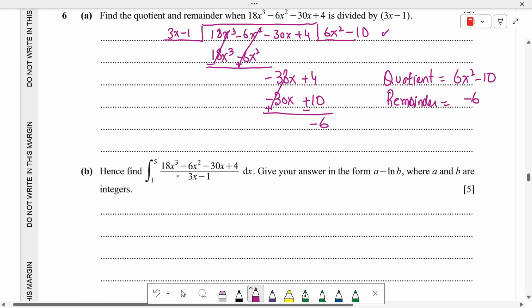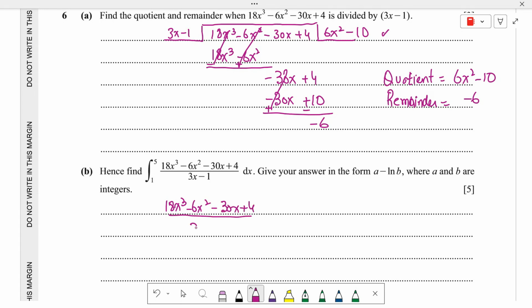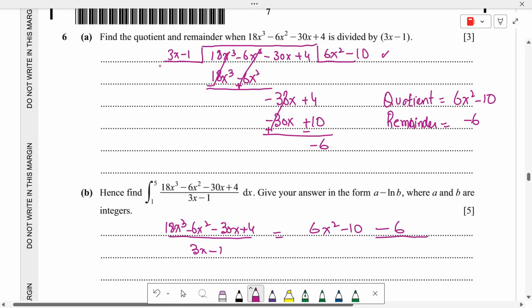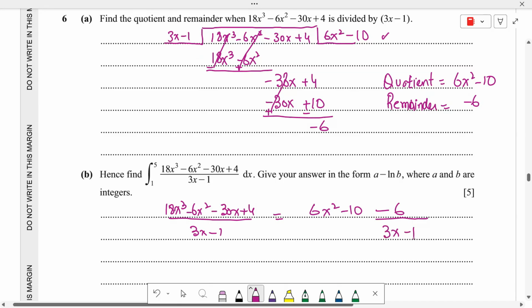Okay, so this term can be written using the remainder and quotient. We can write 18x cube minus 6x square minus 30x plus 4 over 3x minus 1 is equal to the quotient, which is 6x square minus 10, and we have the remainder, which is negative 6 over the divisor, which is 3x minus 1.